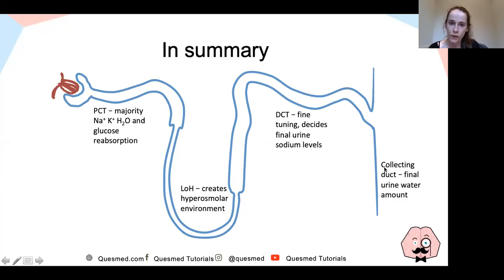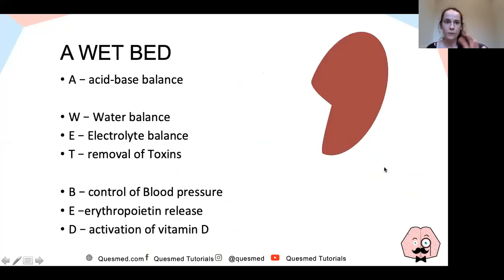I know I've not been able to cover every single part of the kidney during this talk, but we've talked about the main features of what the kidney does. So the acid-base balance, water balance, electrolyte balance, removal of toxins, control of blood pressure. We've touched on erythropoietin release and the activation of vitamin D.